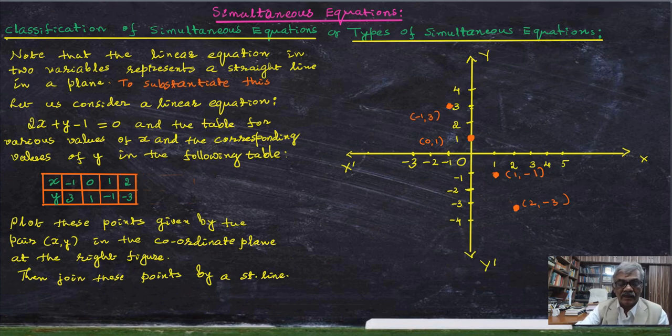as per the table. Here you can see -1 and 3, and 0 and 1, and 1 and -1, and 2 and -3, and thereby we have plotted the points.